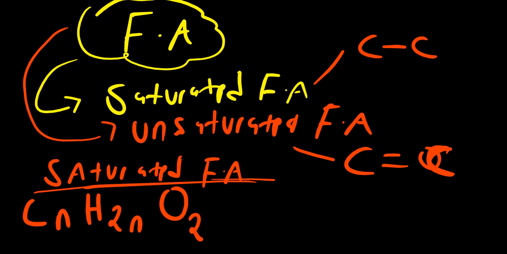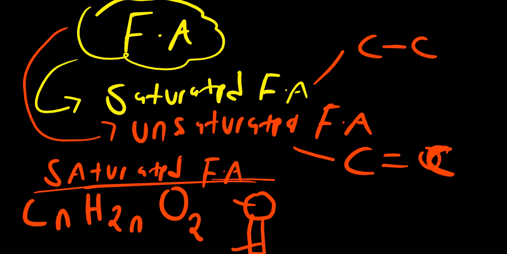The n in this case represents the number of your carbon atoms. The simplified version that you can just talk about is like this is your fatty acid, this is the head and this is the tail. It's just a straight chain with carbon to carbon single bonds.